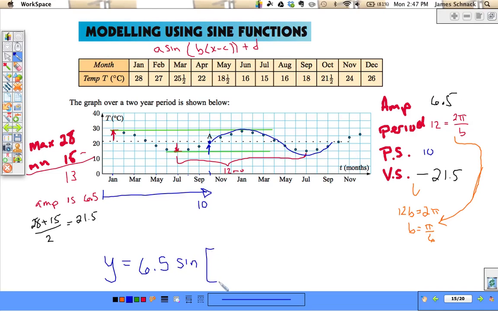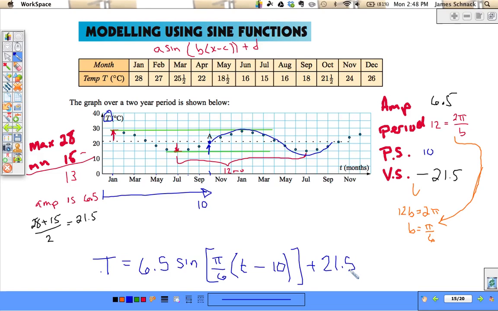Sine, b is pi over 6. Suppose instead of y I should use capital T, since that's how my variable is labeled here. Then little t for time minus 10, phase shift, plus 21.5. And there's my equation.